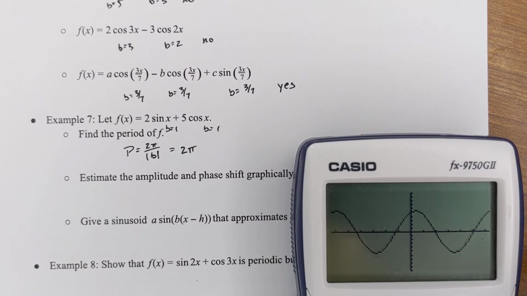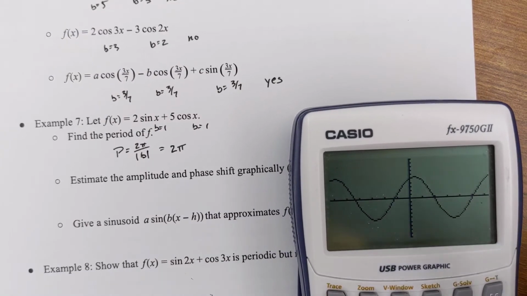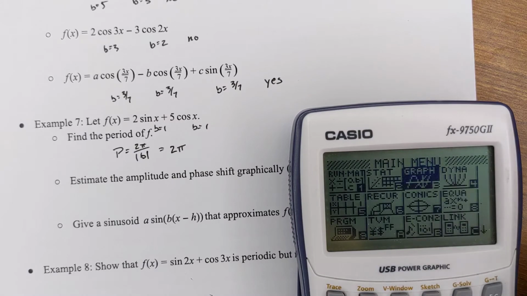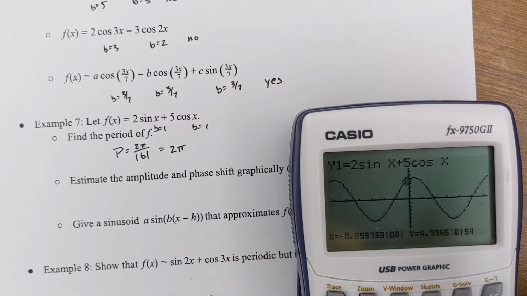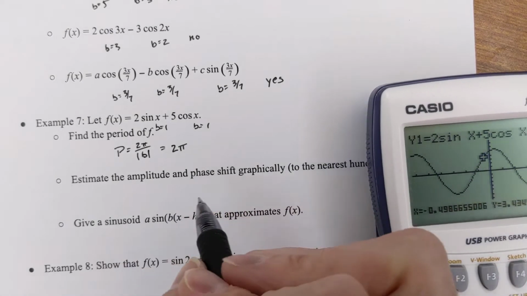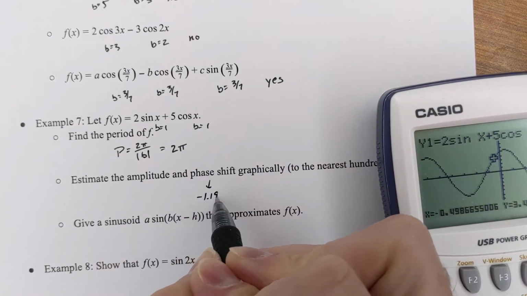So we'll base this off the sine function, which means this point here should be at 0. If I can trace it, I should be able to figure out about what the phase shift is. Negative 1.2-ish would be my guess. Negative 1.19.